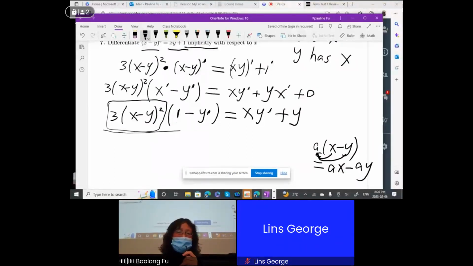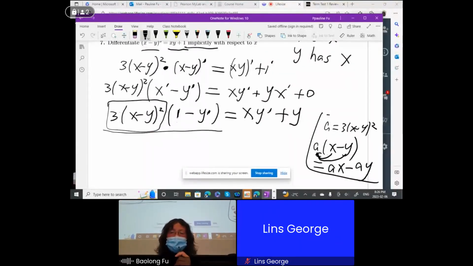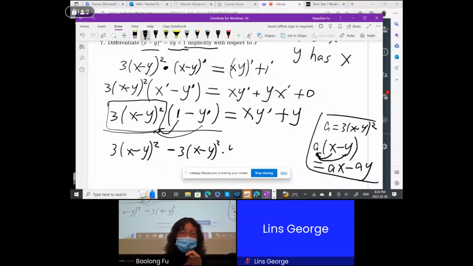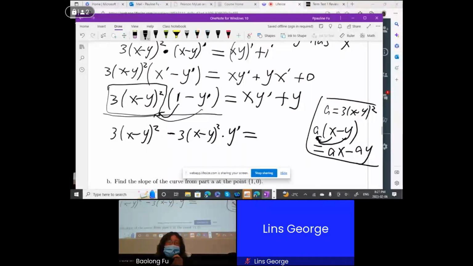Apply this to the left-hand side. Consider a a big box: 3 times this bracket is your a. I use 1 times this one, so I get 3. Then I use y prime times this big item, minus 3. This is the left-hand side. And the right-hand side, I just copy down.